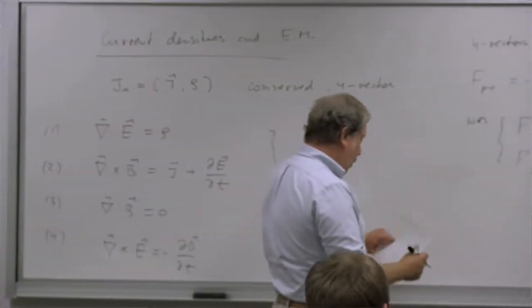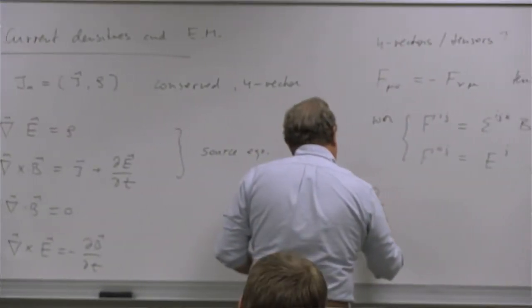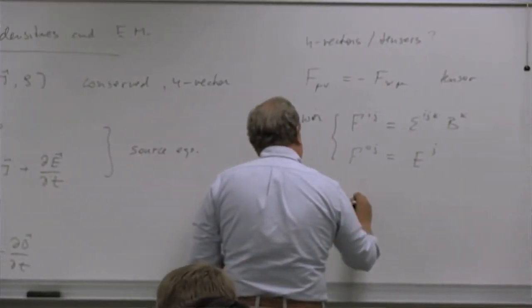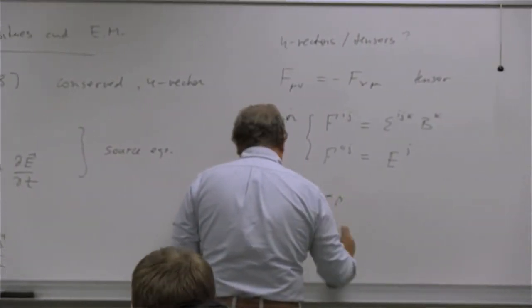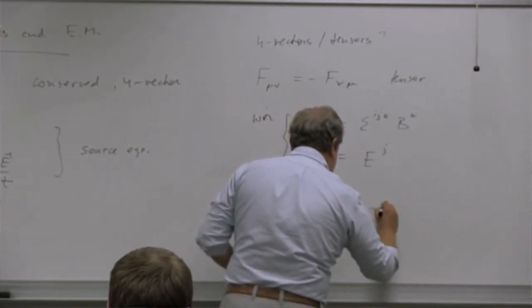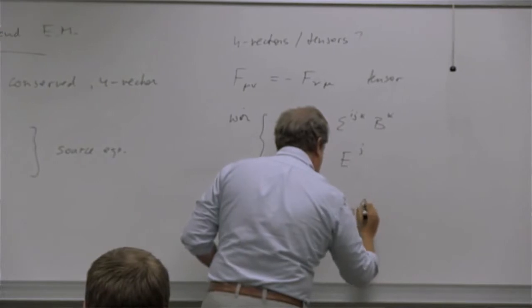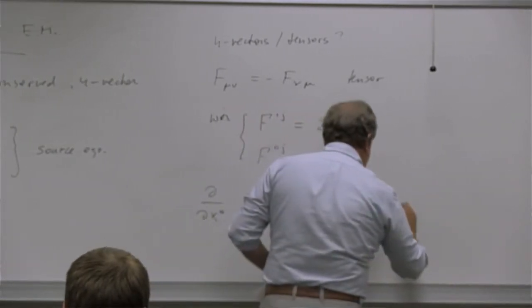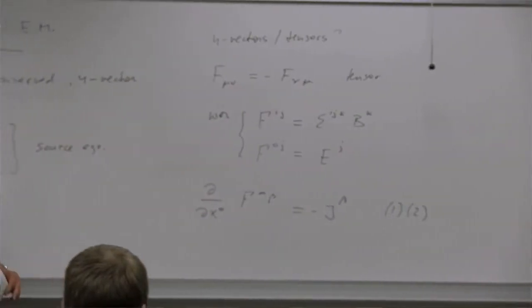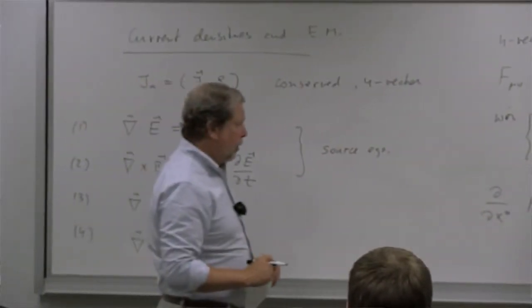And the first two equations are that d by dx alpha, F alpha beta is equal to minus j beta. So that's equations 1 and 2. And I'll leave that as an exercise for you to convince yourself that this is actually the case.